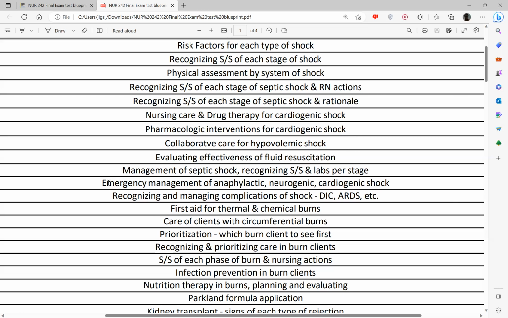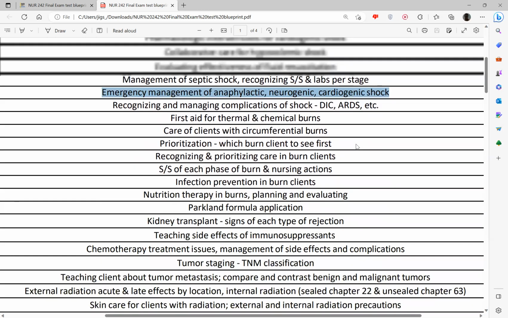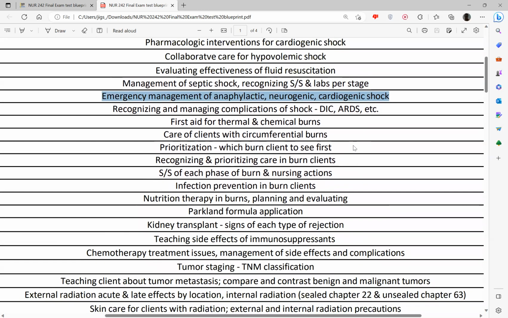Okay, let's go now to, let's review quickly emergency management. So for anaphylactic shock, since these are emergencies, what do we do with anaphylactic? Okay, first drug is epinephrine, followed by Benadryl, diphenhydramine.